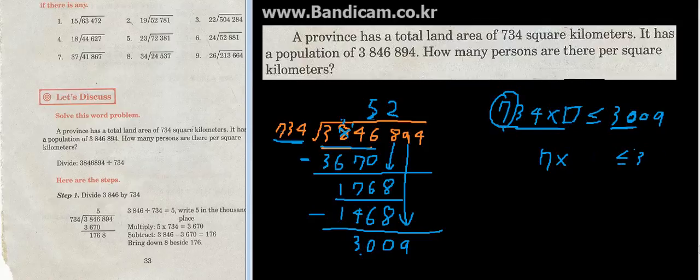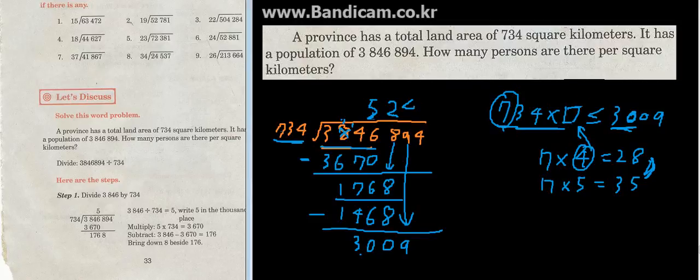Let's think about 4. 7 multiplied by 4 is 28, and 7 multiplied by 5 is 35. 30 is between these two numbers, so let's estimate 4 and put 4 in this blank.